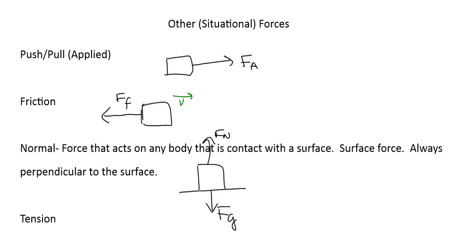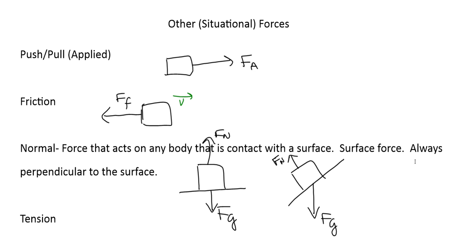It should also be noted that if we have something like an inclined surface, then even though the Fg, or the weight, is straight down, the normal force is still going to be perpendicular to the surface. It's basically what's preventing the body from crashing through the surface and just moving on down due to the force of gravity.